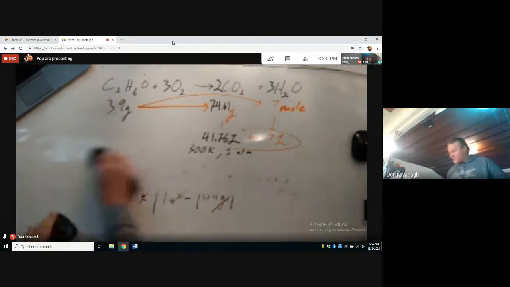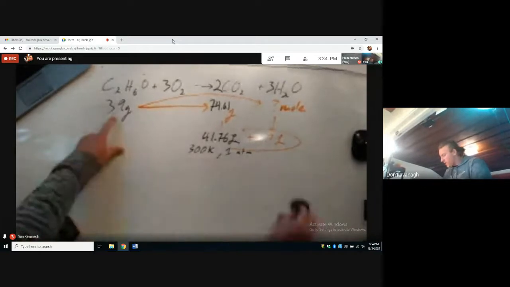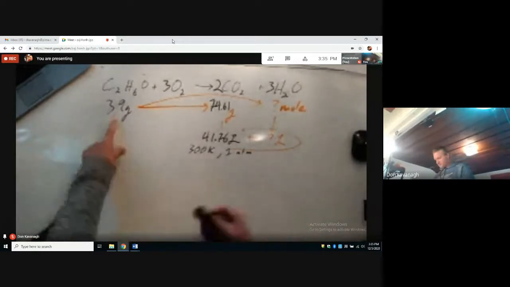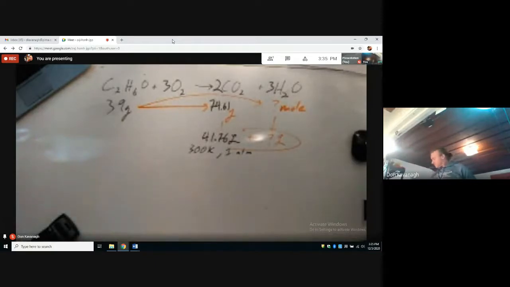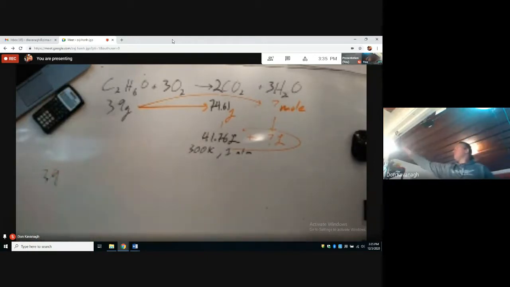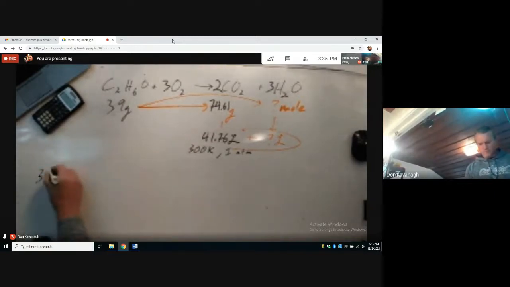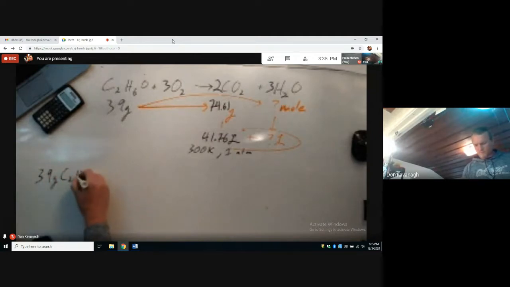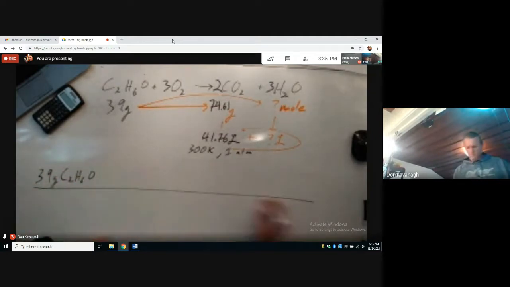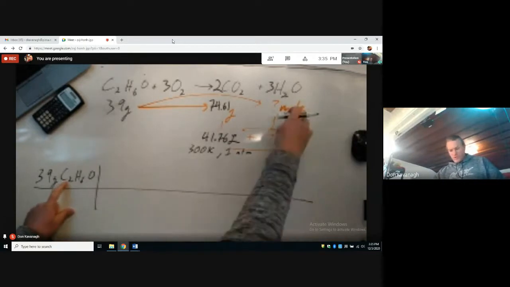So we're kind of starting over from scratch because we are going to start again with the 39 grams of ethanol. I'm going to try to do this in one big long scaffold here. 39 grams of ethanol, and I want to get to the moles of H2O.